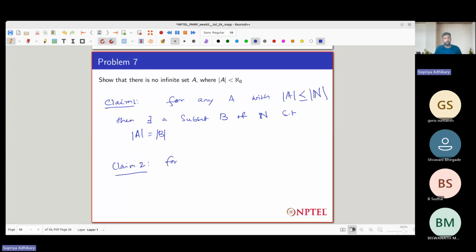for any subset B of the natural number set N, either B is finite or countably infinite.